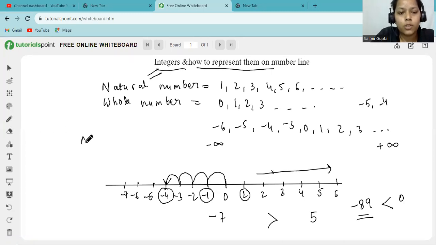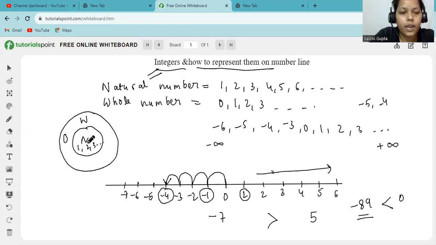Suppose this is the natural numbers, where the numbers 1, 2, 3 and all are coming. Then in the whole numbers, you will include 0 as well. Then in the integers, we will include the negative numbers.